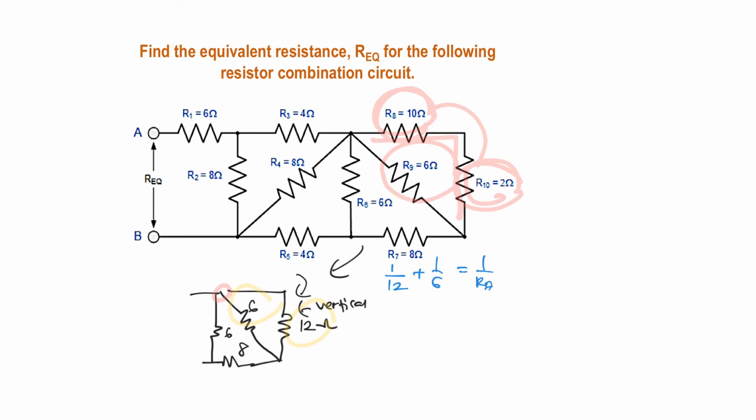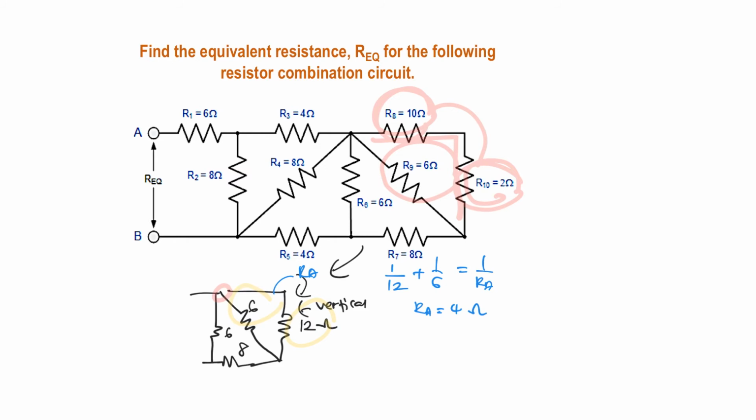The combination of this I'm calling RA. So you are going to get 1 over 12 plus 1 over 6, and the answer you are going to get is RA equals 4 ohms. Make sure that you give your answer in decimal point, and please do not give your answer in fraction.